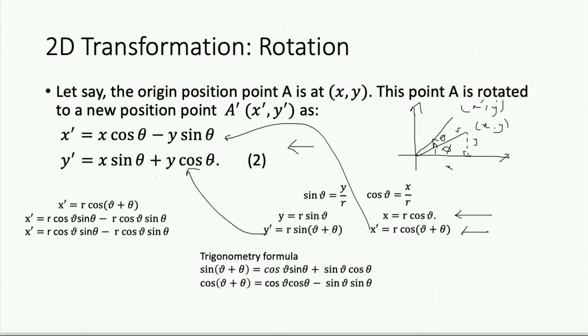The next question is, how can we represent r sine (theta plus alpha) and r cos (theta plus alpha) in terms of equation 2?